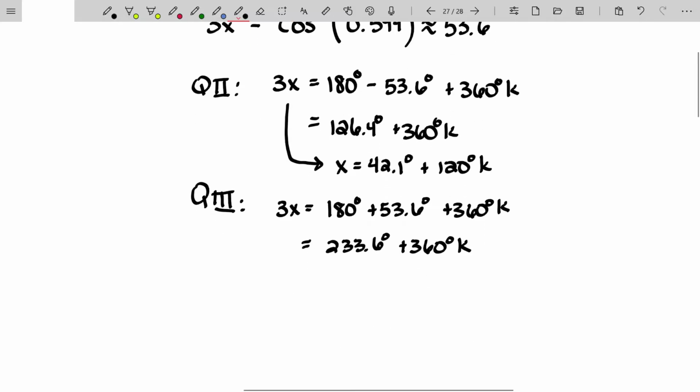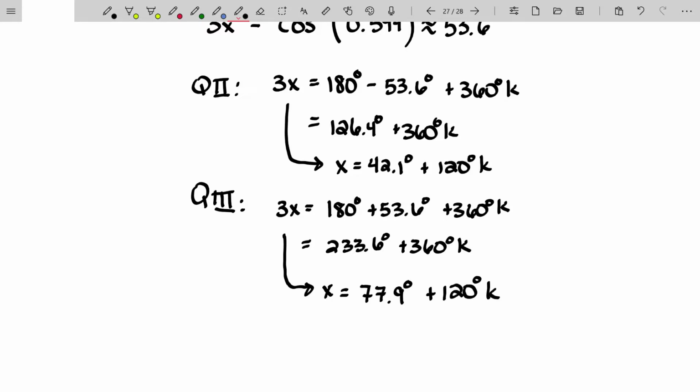Dividing both sides by 3, we get x is equal to 233.6 divided by 3, which is 77.9 roughly, degrees plus 120. Okay, so there are our two sets of answers.